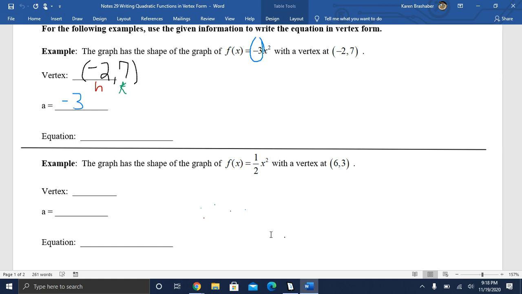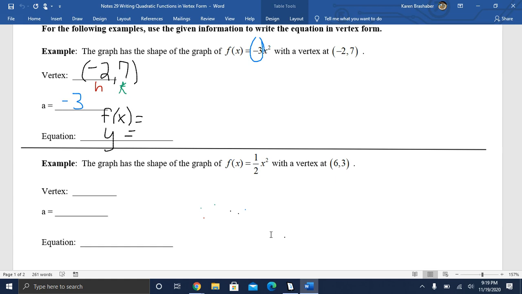Now your equation is going to be y equals, although I can't always say y, it might be f of x, and that part might already be in for you. If it's f of x or if it's y equals, those are essentially the same thing. They have the same purpose. So if that's already there, you don't need to re-enter that.